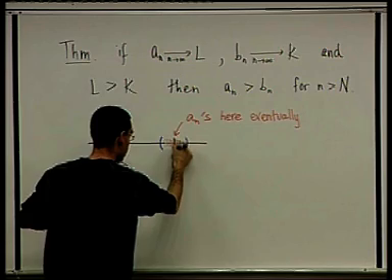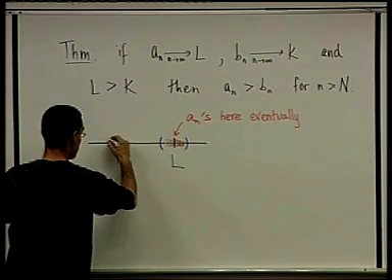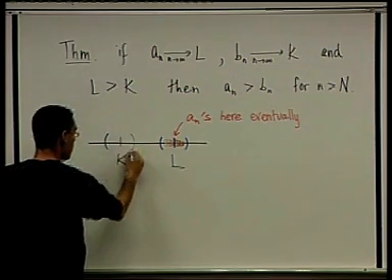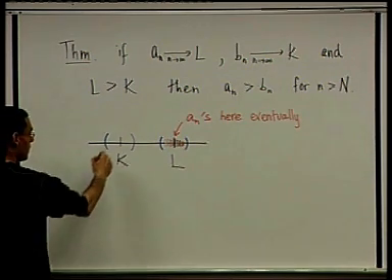One second, I see your question. One second. What about the bns? The bns converge to K, so if you take a small neighborhood of K, the bns are eventually all going to be here.